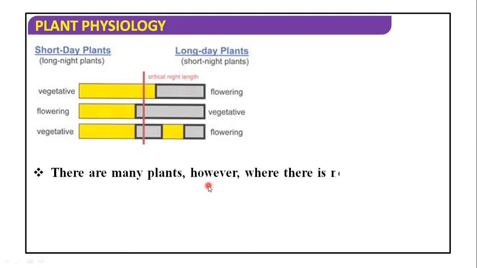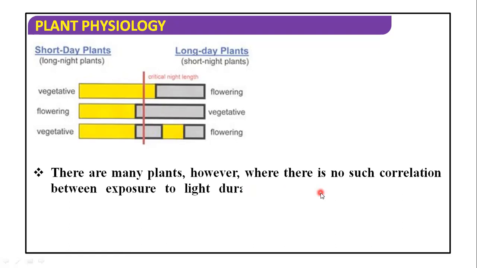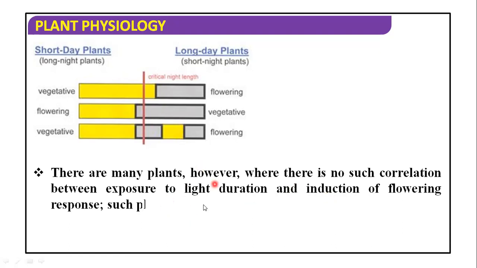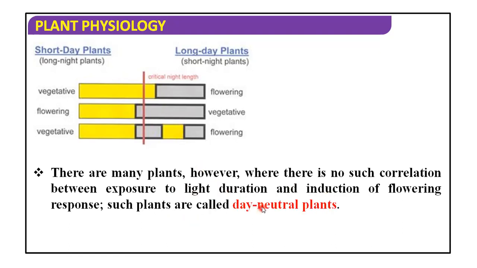There are many plants, however, where there is no such correlation between the duration of exposure to light and induction of flowering response. Such plants are known as day neutral plants. Means in short day plants, there is a long night, and in long day plants, the night is short, where the flowering period can occur.